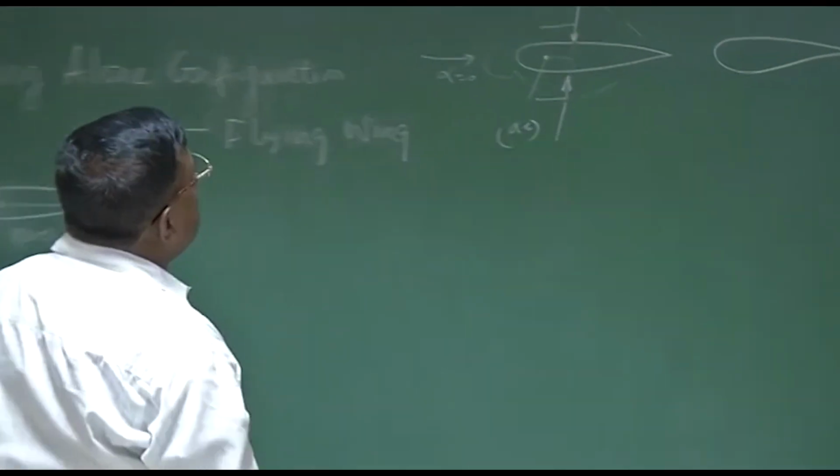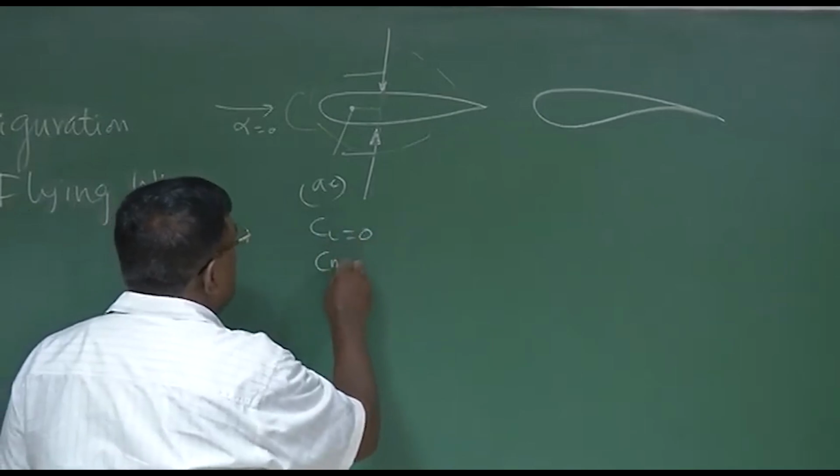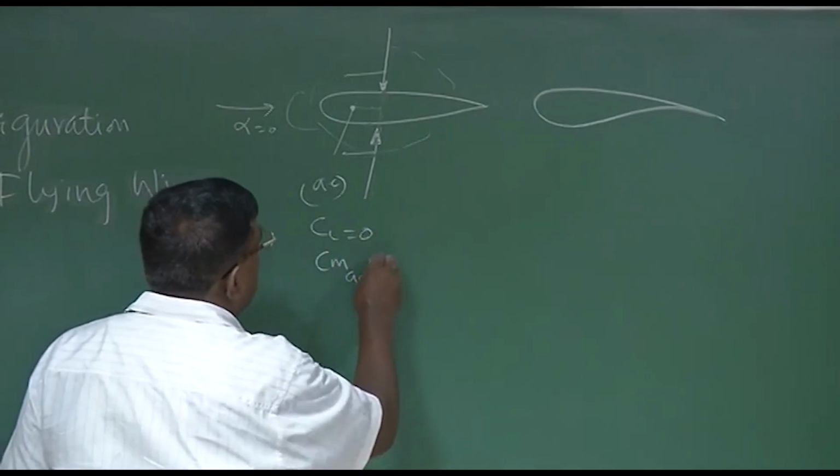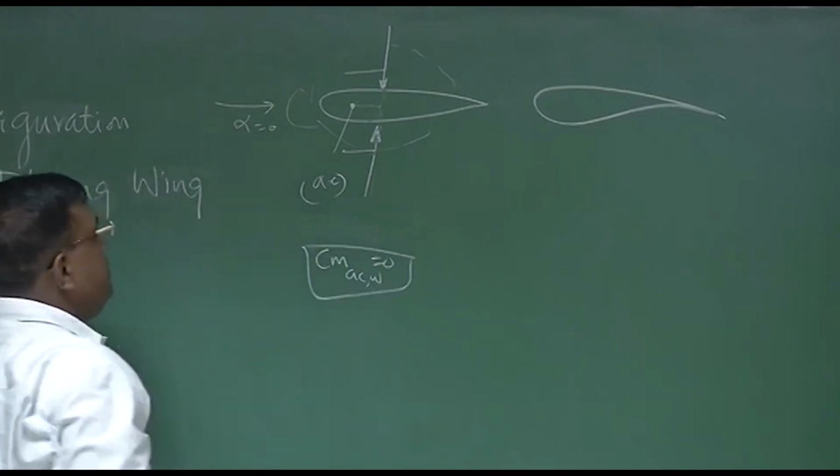So at this point AC we don't have any lift, 0, and also CM AC wing is equal to 0. This is the main point which we are interested to compare.